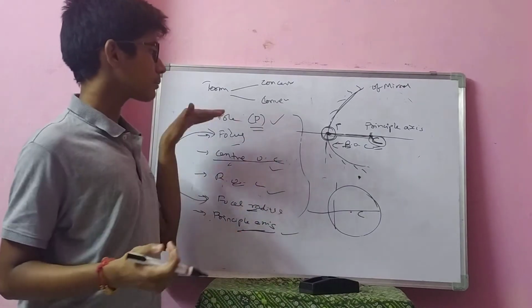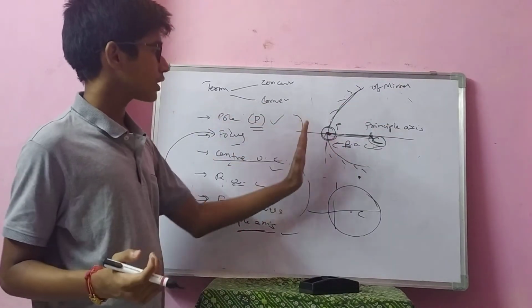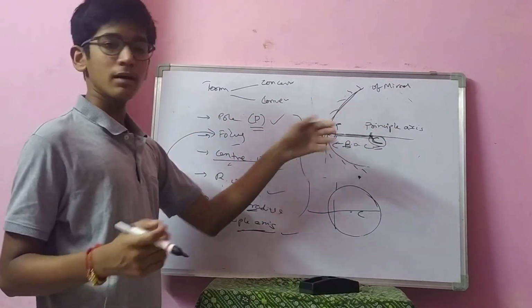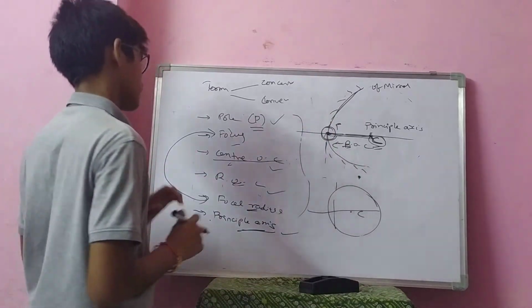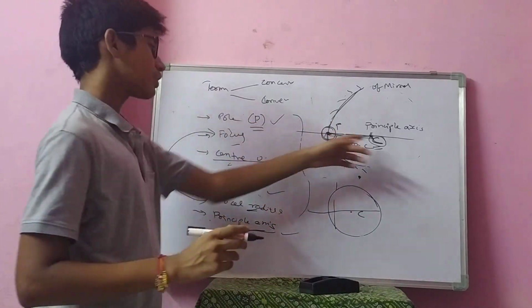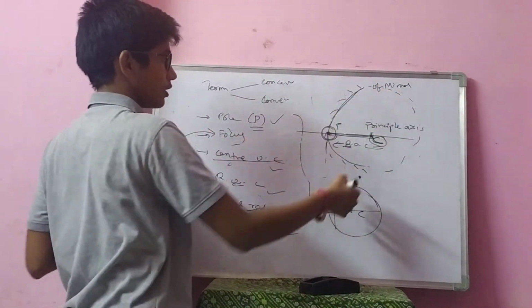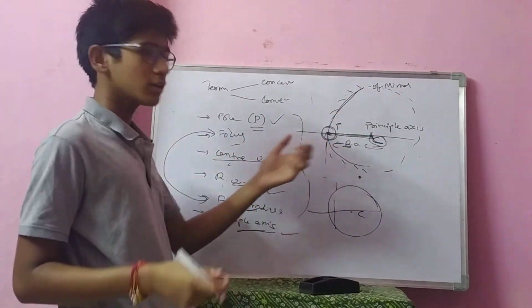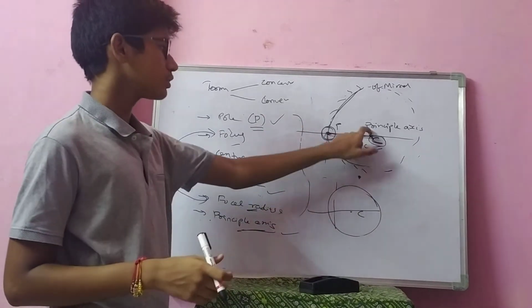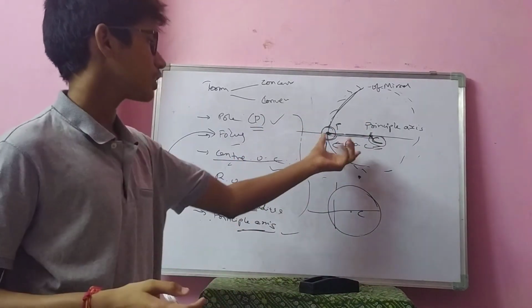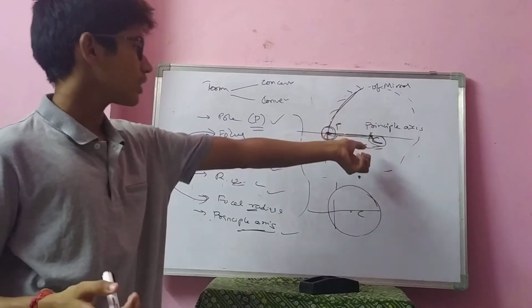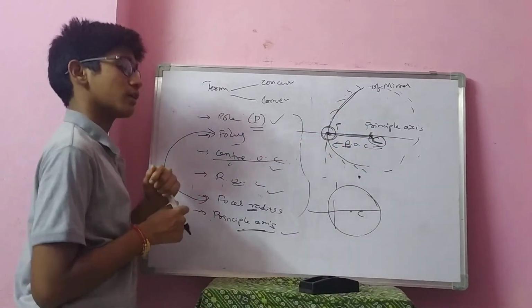The principal axis is a line drawn exactly perpendicular to the curvature of the mirror. Next, the center of curvature: we take a sphere and cut a concave mirror part from it, and the sphere's center is the center of curvature. The distance between the pole and the center of curvature is called the radius of curvature.